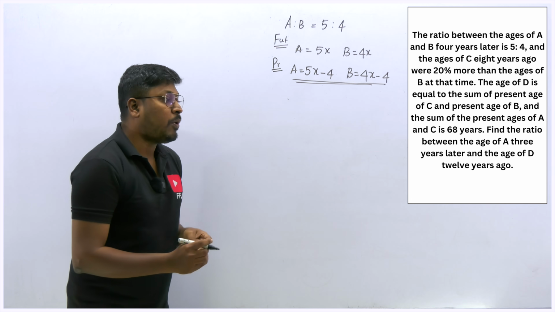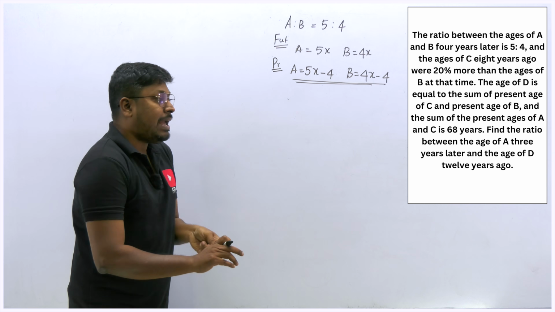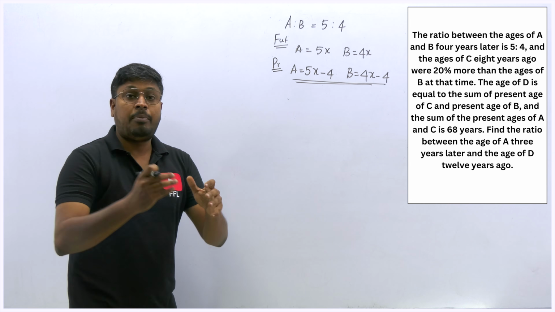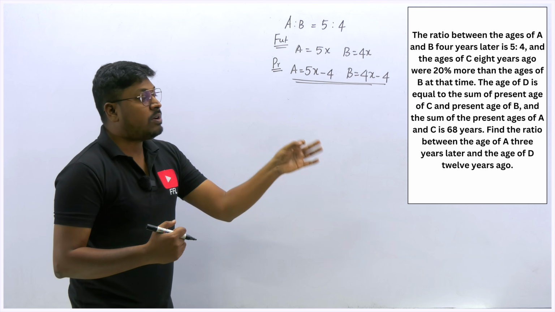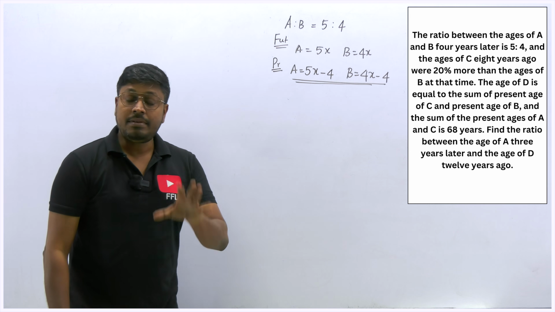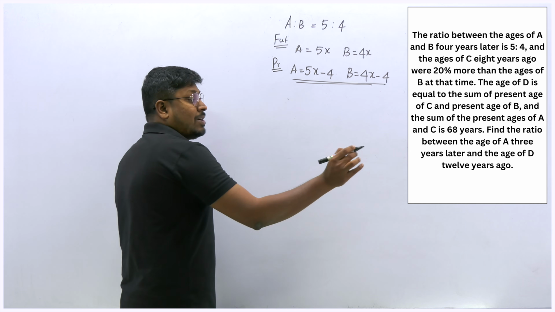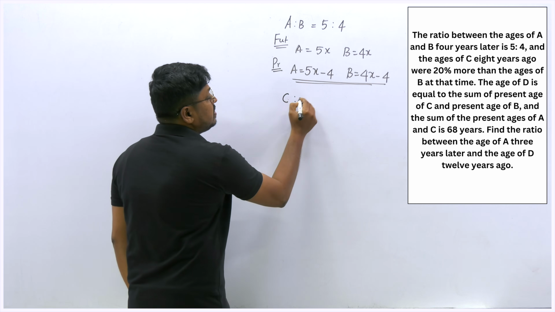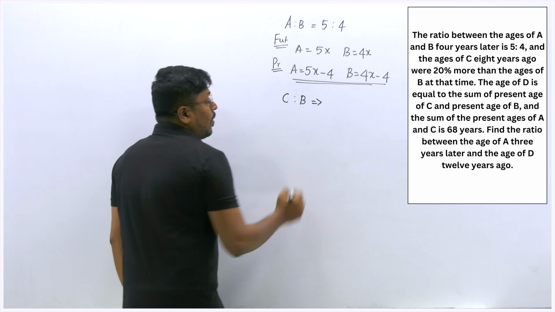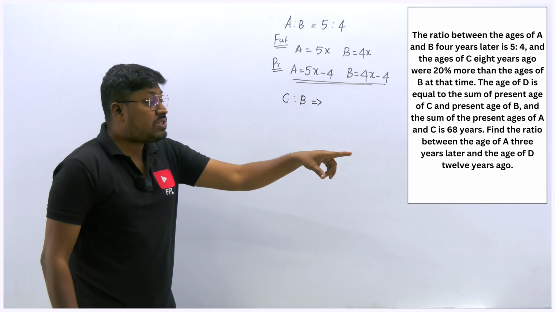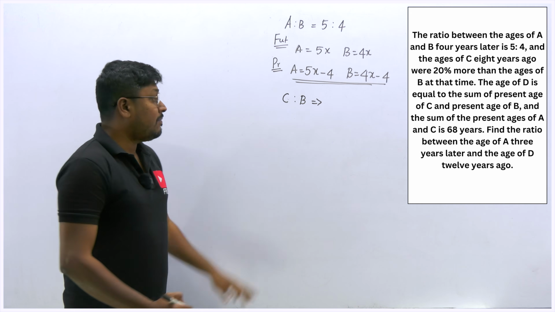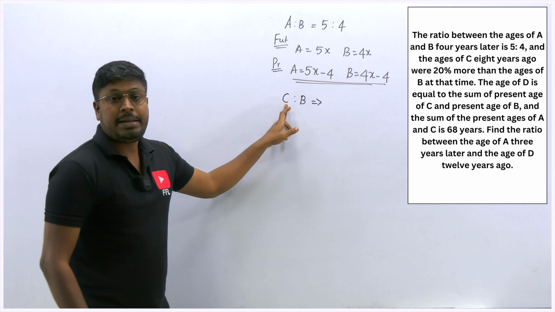What about the next point? The age of C 8 years ago, they are talking about the past, right? So 8 years ago, C was 20% more than the age of B at that time. So now they are talking about C and B, that is the ratio C is to B has been given. The person C 8 years ago was 20% more than B. When compared to B, C is 20% more.